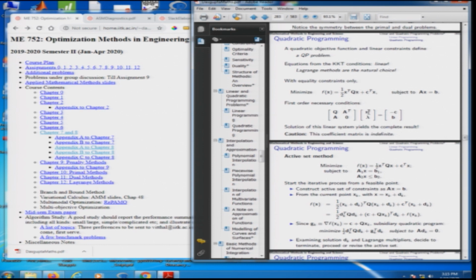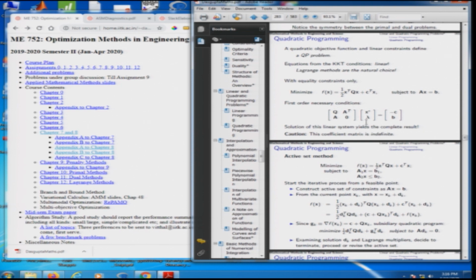So, Qx is here, c has come here, and then from the derivative of lambda transpose (Ax minus b), when you differentiate this part, you will get A transpose lambda. Okay.